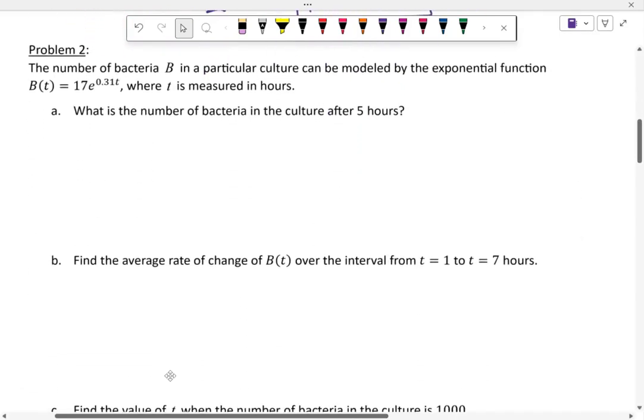Problem number 2 is another continuous one, but they've already given us our equation. It says the number of bacteria B in a particular culture can be modeled by the exponential function B of t equals 17 times e to the 0.31t. I'm actually going to stop you. What is our initial amount? 17, right? Because that's our P. What is the rate of growth?